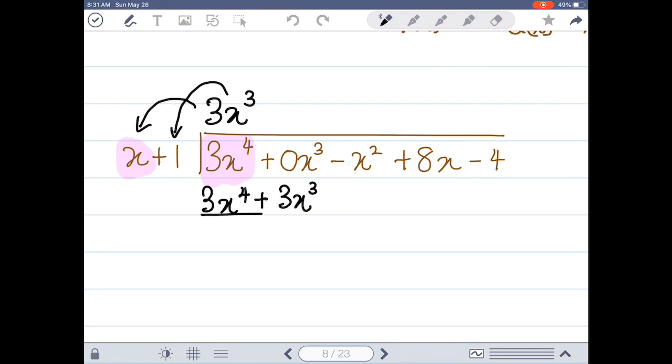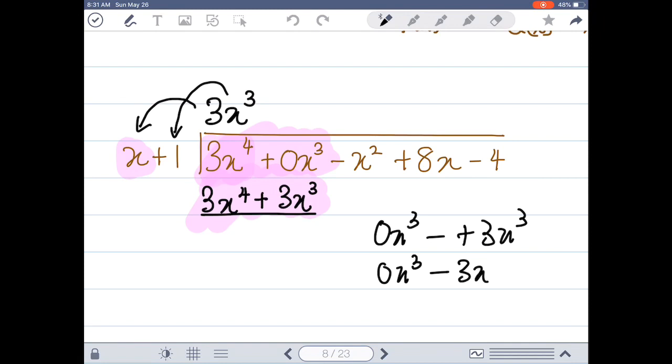Line that up. Next step will be top minus bottom. We can easily see that 3x to the power of 4 minus 3x to the power of 4 you should get 0, but we do not write the 0. 0x to the power of 3 minus plus 3x to the power of 3 is just 0x to the power of 3 minus 3x to the power of 3.